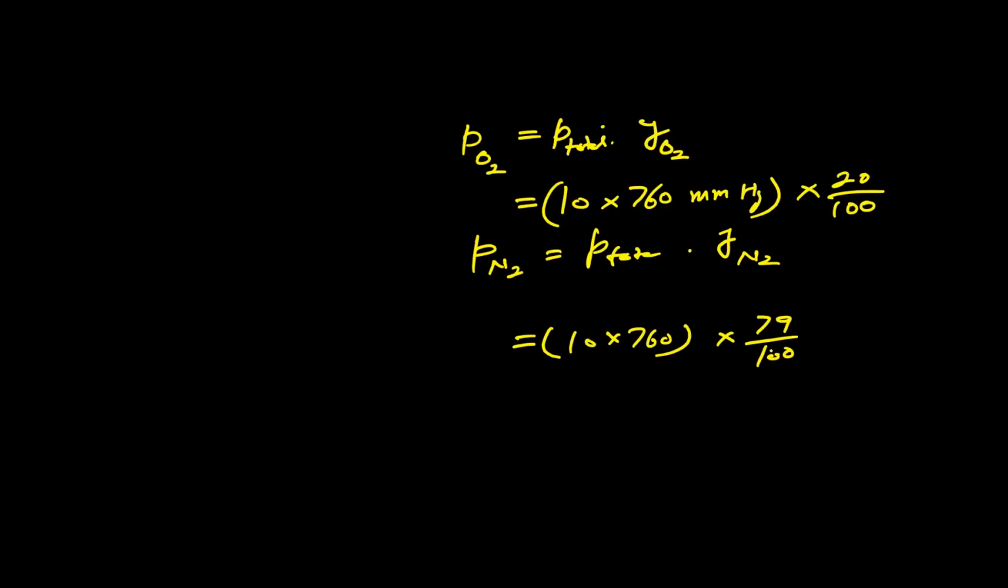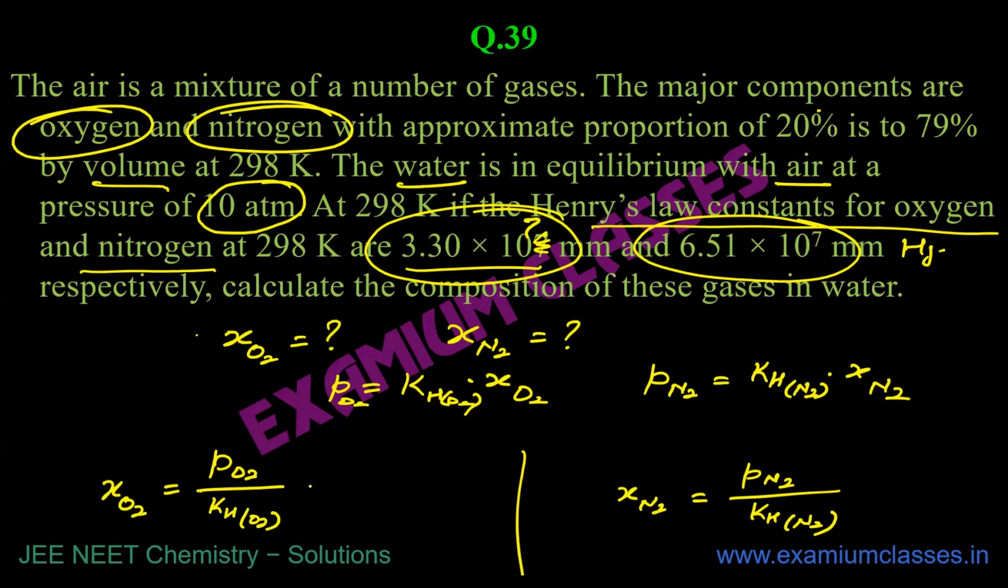When you have PO2 and PN2, substitute these values, get the answer. Everything is known now. PO2 you got, KH is given for oxygen. PN2 you got, KH is given. You will get the answers.